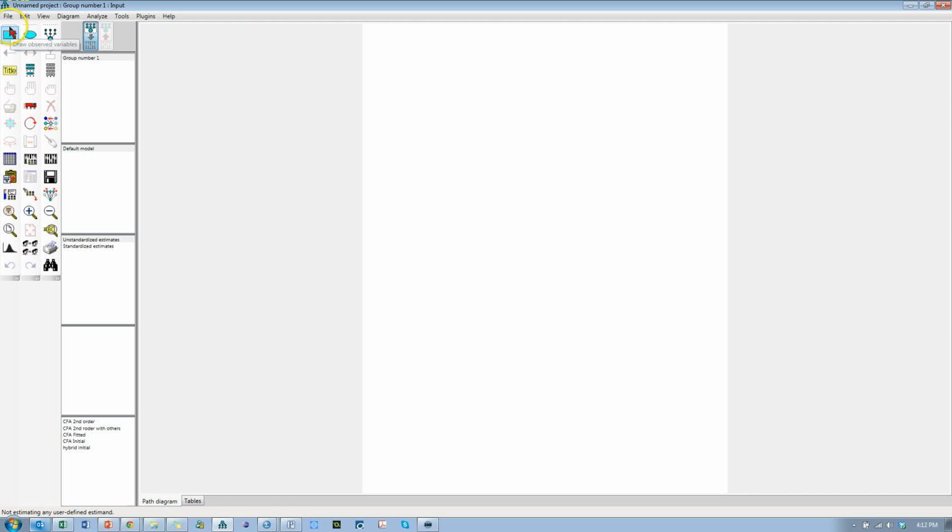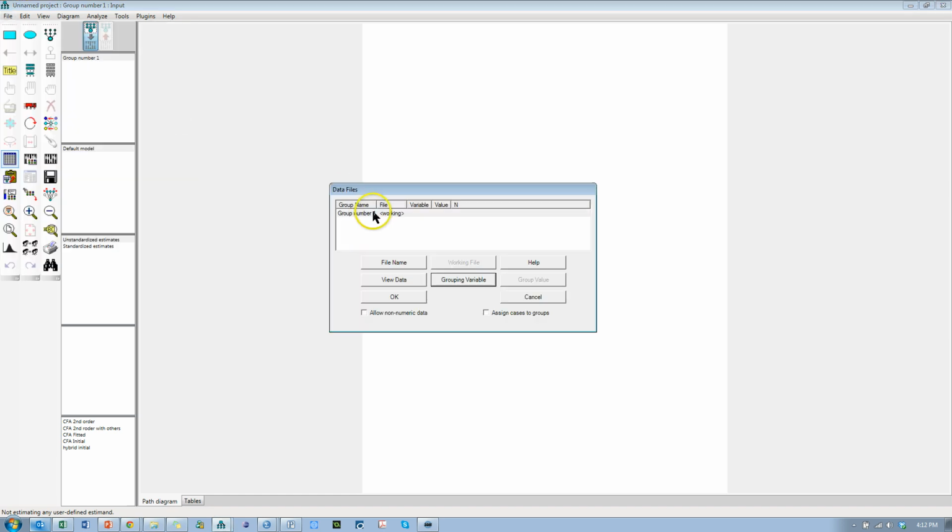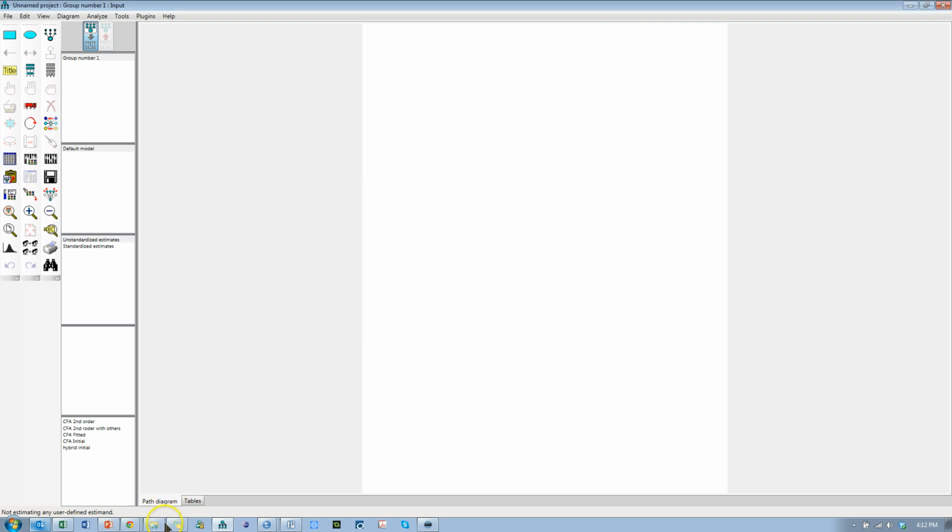And I'm going to load my data. You can click on this little data thing. The interface is just terrible. Or you can go to File, Data Files, which is so not intuitive. You'd think you'd go to Open, right? No. Go to Data Files. File, Data Files. And go find the data we've been working on. But before you do that, you should probably save that data, or else you won't get the most recent version.